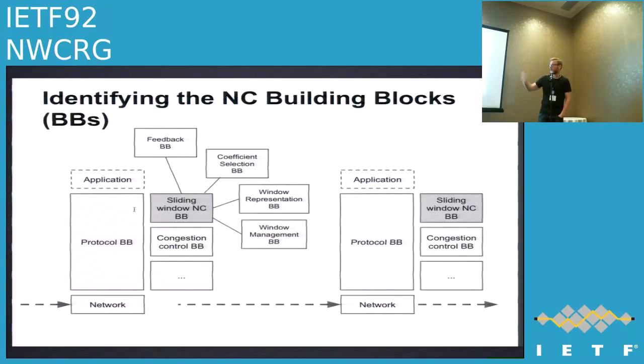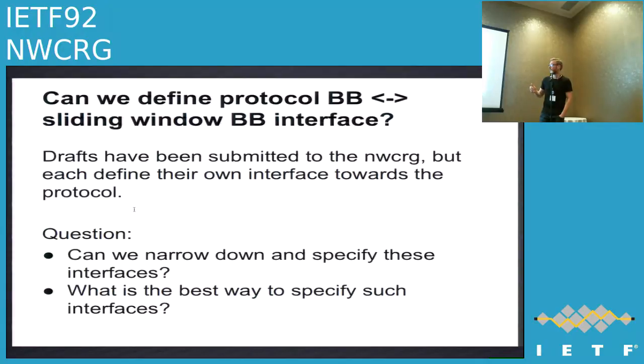So basically, we are coding over packets with a window moving over a number of packets. And what we could do is also narrow in on even smaller subsets of that, like how do you manage the window, how do you represent the window, do you use compression, what do you use? There are some ideas there, and we've seen quite a few drafts, or a couple of drafts, and most of them tend to embrace everything and define the whole framework or the whole protocol.